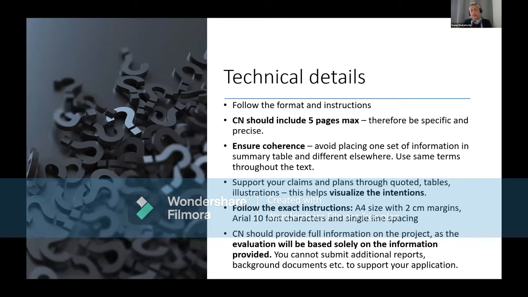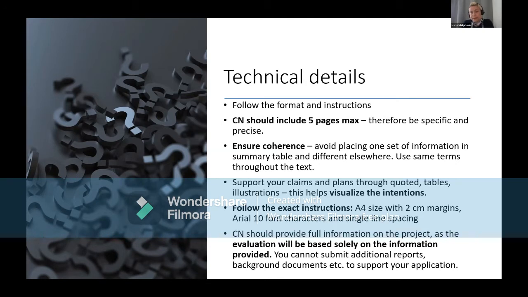You need to read it once again, or give it to a colleague to read it once again, to check that you have been using the same terms throughout the text, that you have made coherent information, in the sense that you haven't used different language or different information, because it can be confusing. So each time you decide to change something, you need to cross-check in all other parts of the concept note to adjust it there as well.